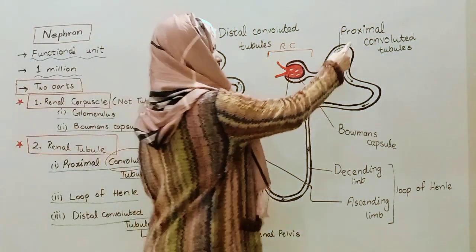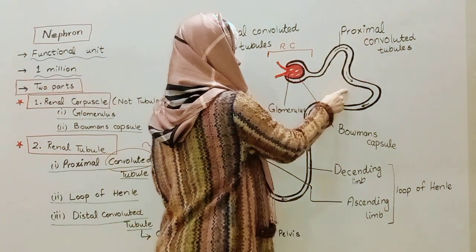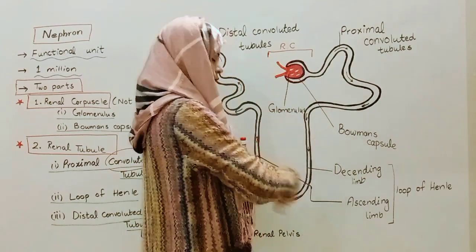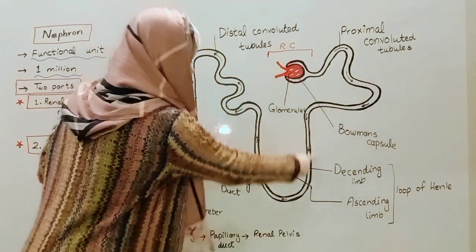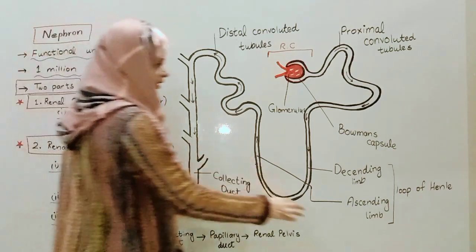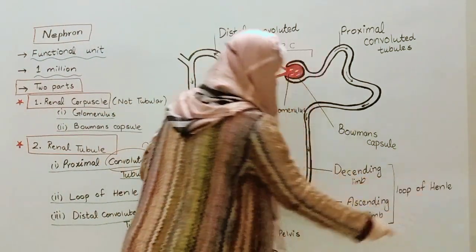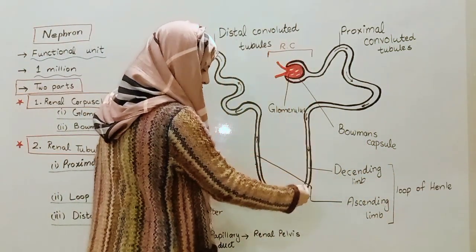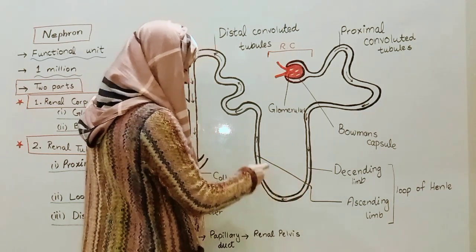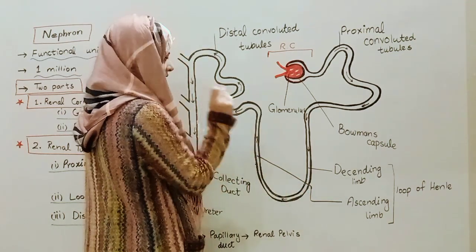First part is proximal convoluted tubule. Second part is U-shaped structure that is called loop of Henle. This is called descending loop of Henle and this is called ascending limb of loop of Henle.